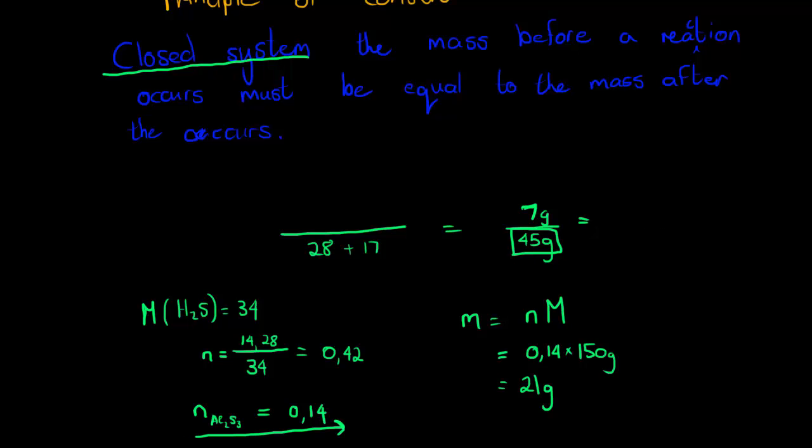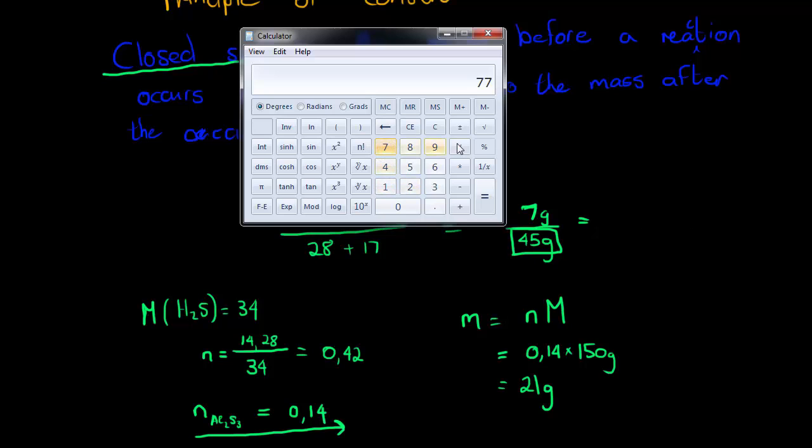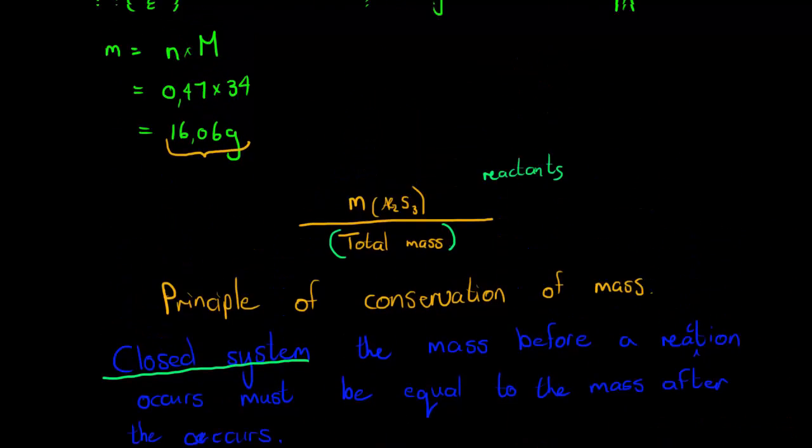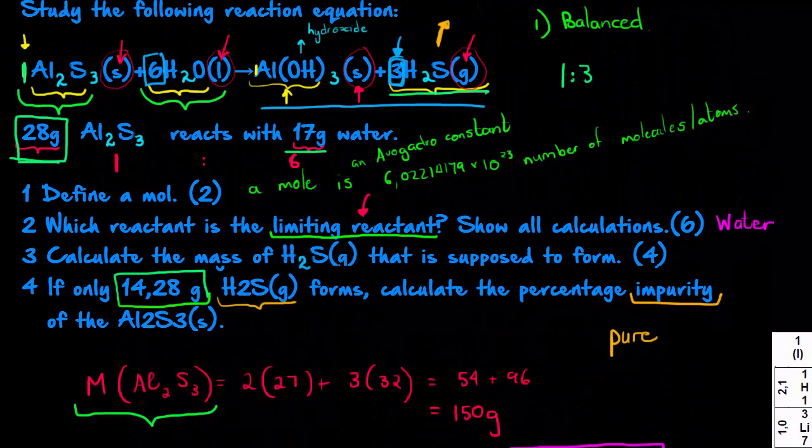Okay, and if we work that out, what percentage? 7 of 45 grams is equal to 0.1556. I go to 4 decimal places because for percentage we want to round to 2 decimal places, and multiply by 100. So there we go, 15.56% is still impurity.